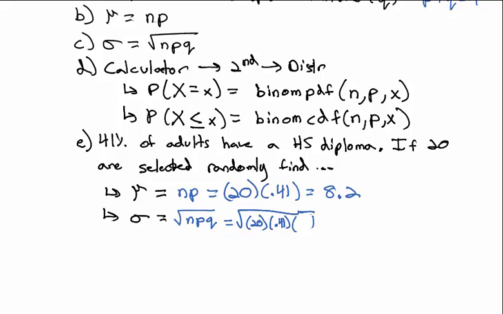Well, if success is 41%, failure must be the opposite of that. 100 minus 41 is 59. 59% then is the probability of failure. So we'll do the square root of 20 times 0.41 times 0.59 and hit enter. We have a standard deviation of 2.2 roughly when we round.